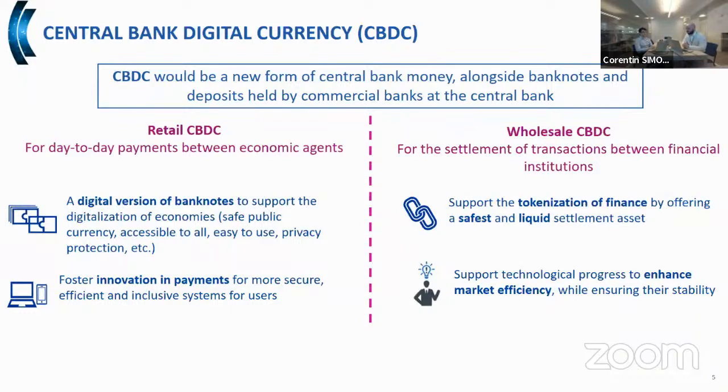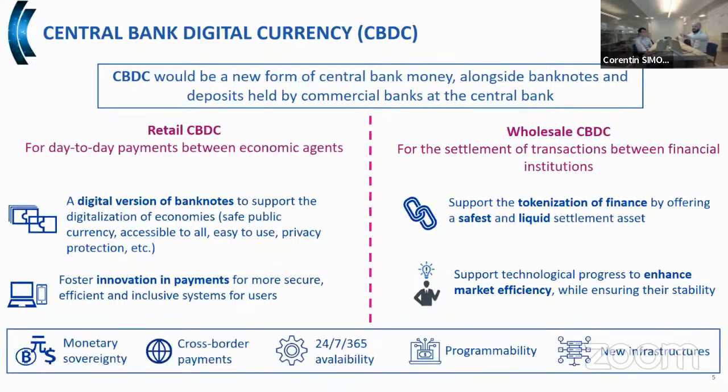So here it's more to support the tokenization of finance, which makes central banks review the central bank money services they are currently providing, with the aim of adapting them to this new digital age and the possible associated development of tokenized finance, by offering safe and liquid settlement assets. But also to support technological progress to enhance market efficiency while ensuring stability.